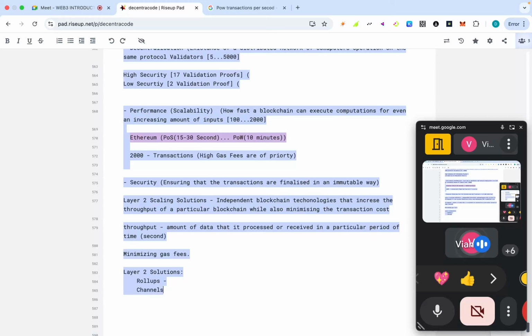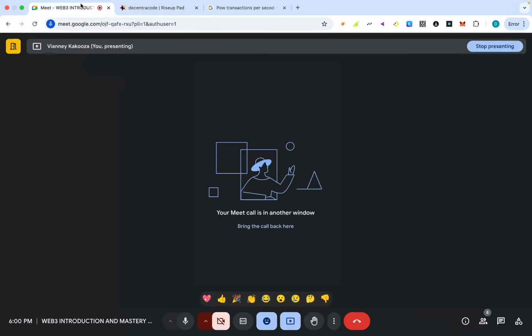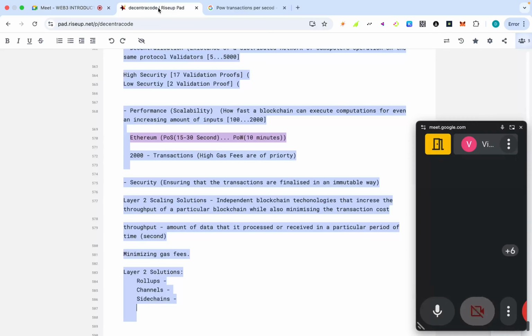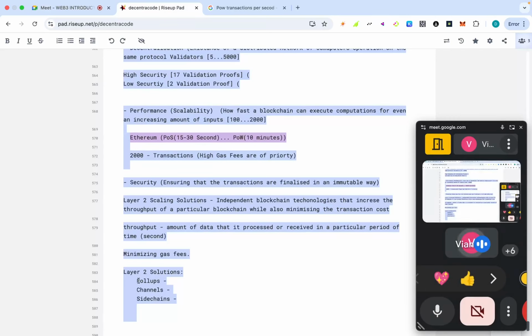We have side chains, and we have, who knows the fourth? There are four layer 2 solutions. I think ZK. Now ZK is a subtype of rollups, and then channels, side chains, and okay. When I remember it, I'll put it.